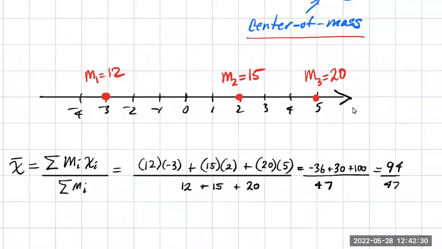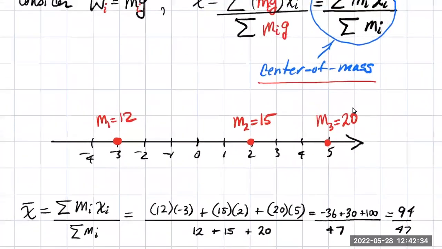Okay, now let's extend the logic. Let's make another example. And let's say this time we have a series of masses that are spread out in an XY coordinate system.